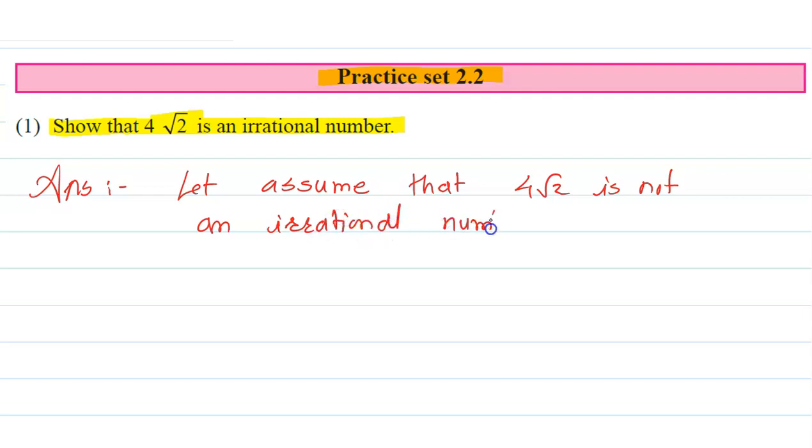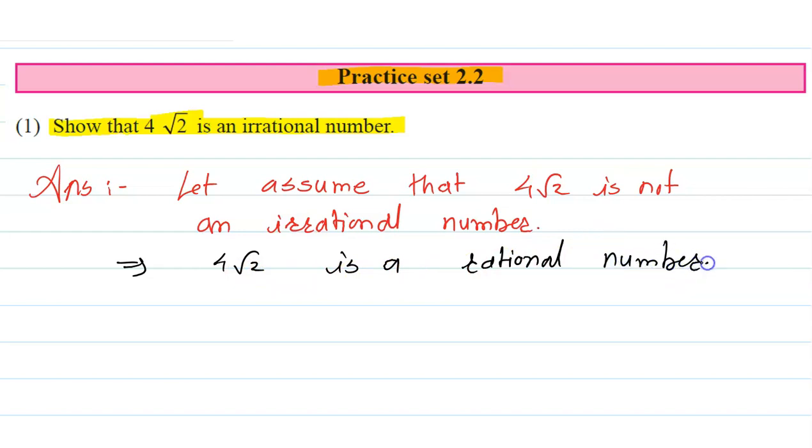Once it is not an irrational number, definitely 4 times root 2 is a rational number, because real numbers are of only two kinds: one is rational, the other is irrational. Any rational number we can write in the form p by q, so 4 times root 2 is of the form p divided by q.